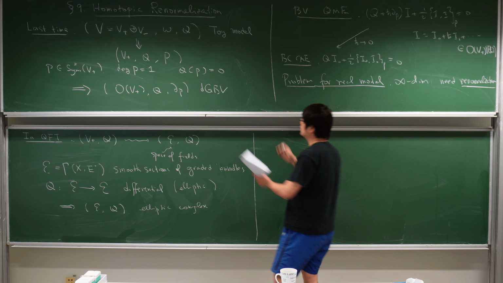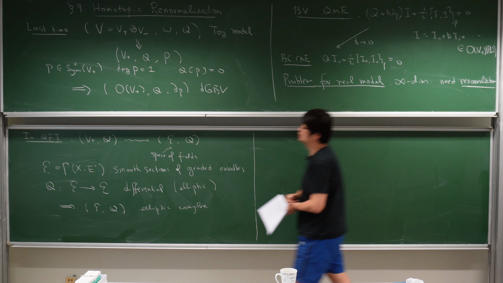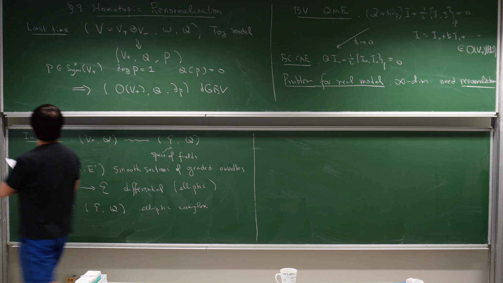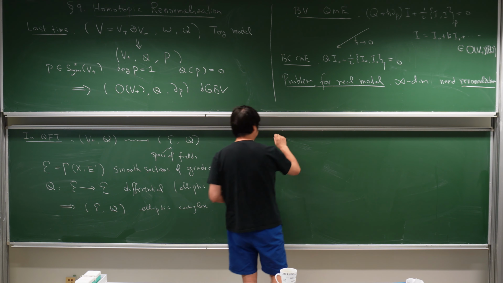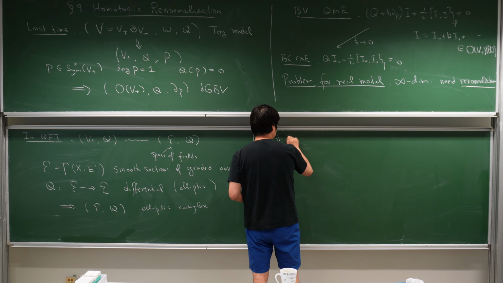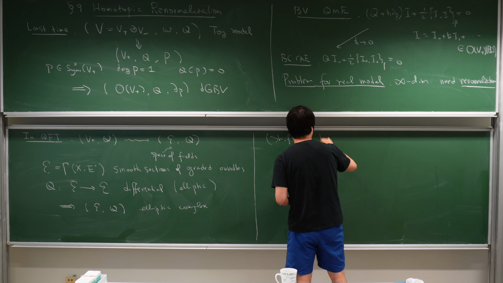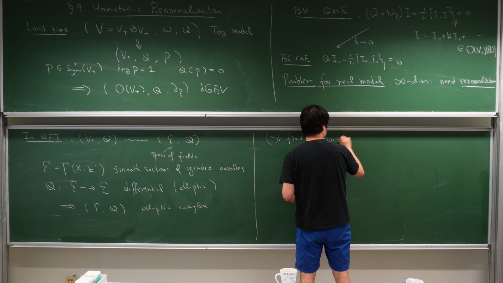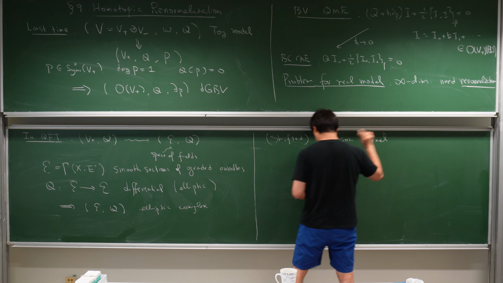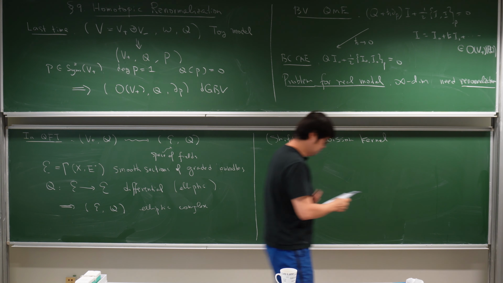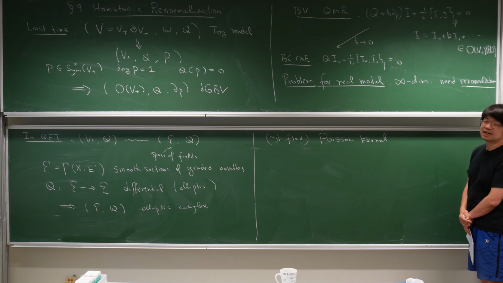Now, for the other data, we need this shifted symplectic space and this P and things like that. These are encoded by some kind of shifted Poisson kernel. From here, things become a little bit different.